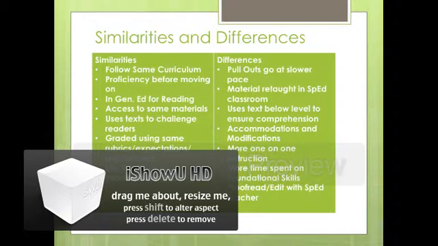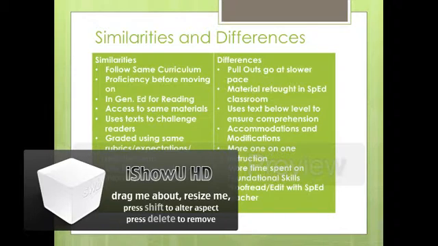Students in special ed also receive a little more one-on-one instruction. There are a lot of students in a general ed classroom, so it's hard to get the one-on-one instruction to meet every one of your students' needs individually. But in special ed classrooms, there's a lot of one-on-one interaction between the teacher and their students.